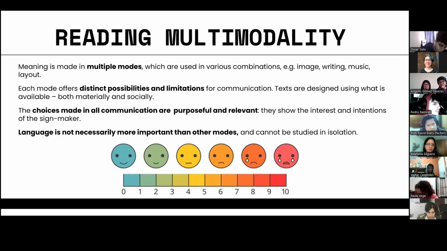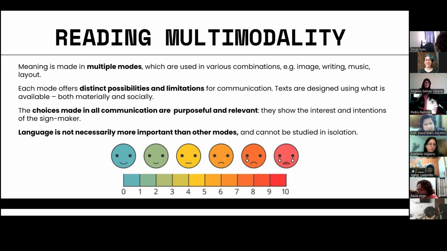Some of you may have seen this or not, but if I tell you how much does it hurt, and you see this image and these numbers, then you will probably understand what I expect from you. You understand the meaning of these images. And there is no language that was actually used to express the meaning that I'm carrying out.